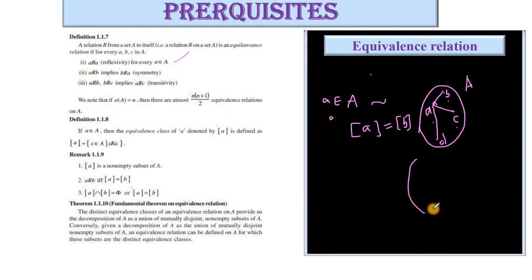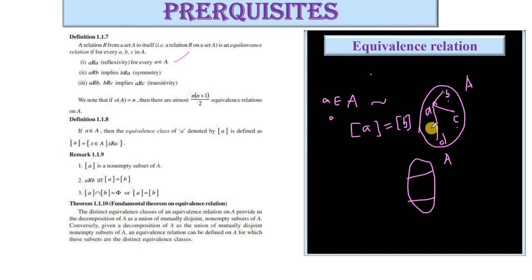So the actual job of an equivalence relation is to divide this A into disjoint equivalence classes. When we consider these equivalence classes, it actually slices our capital A. They will be subsets of A, and any two will be either disjoint or identical.